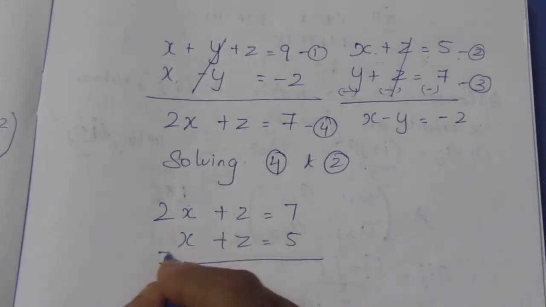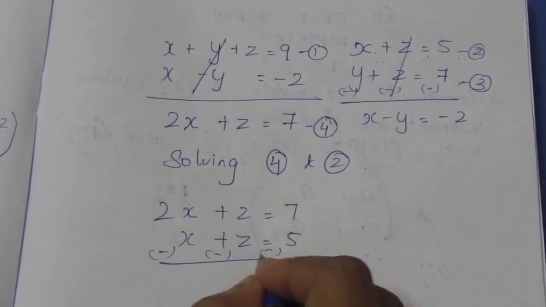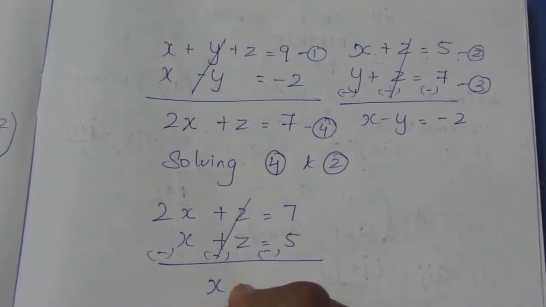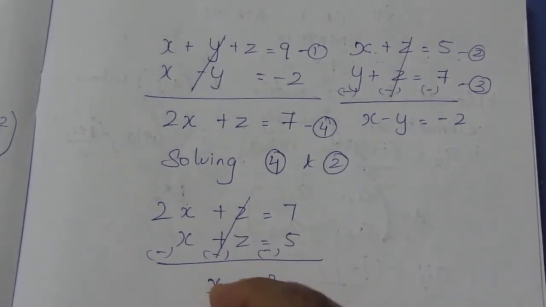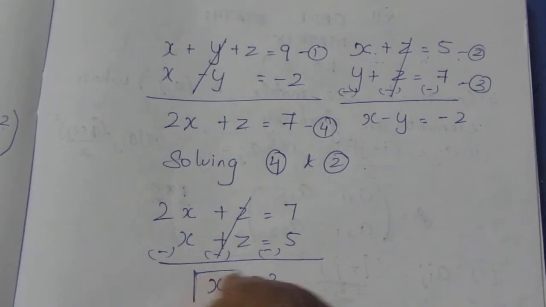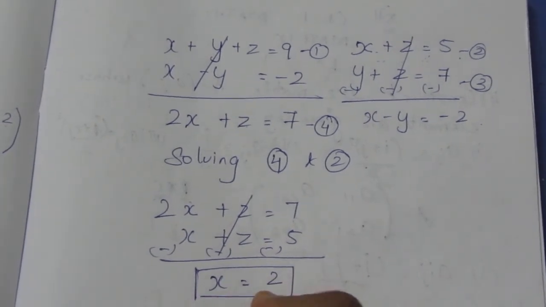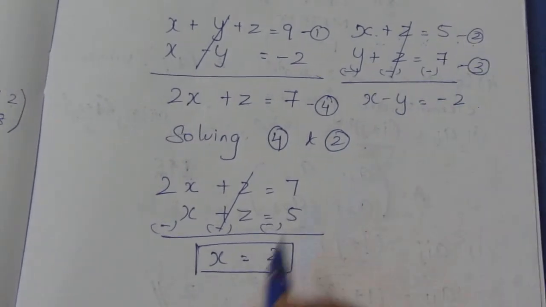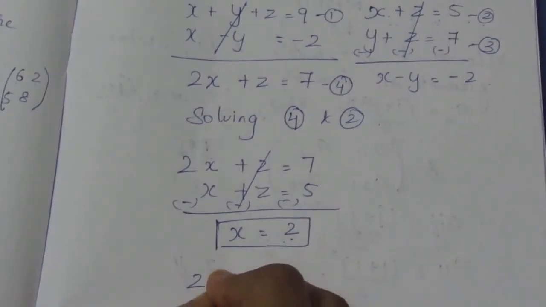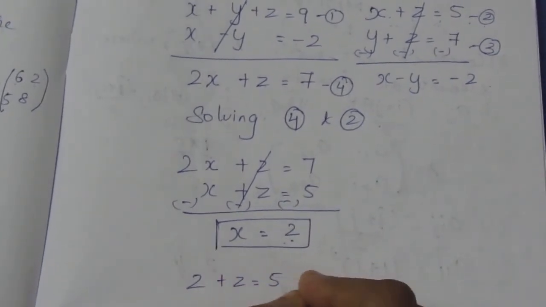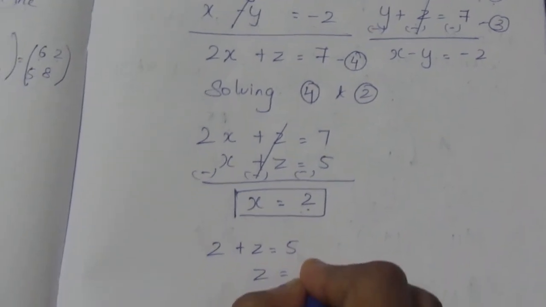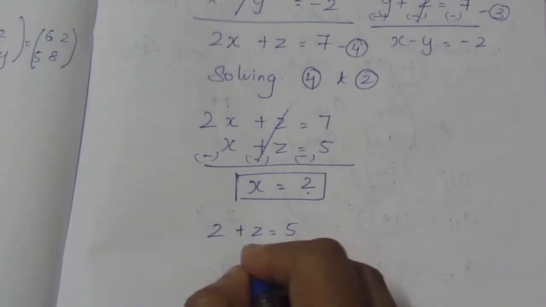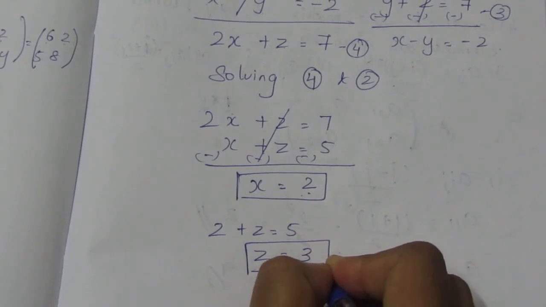I am going to subtract so that my z gets cancelled. Here it becomes x is equal to 2. So I have found x. Substitute in the second equation, it becomes 2 plus z is equal to 5 and z is equal to 5 minus 2 is 3. So we have found z.